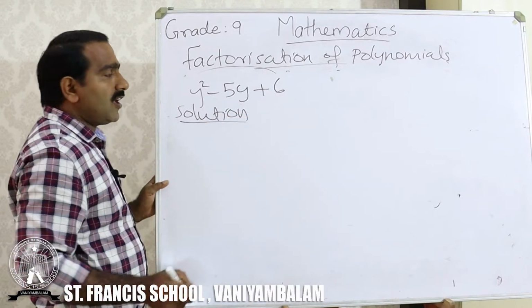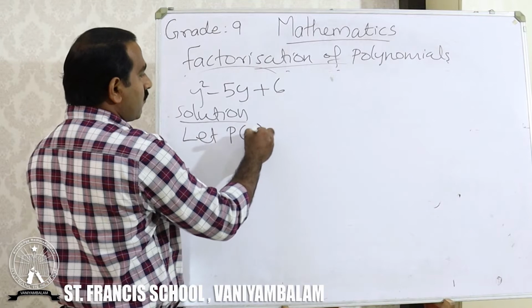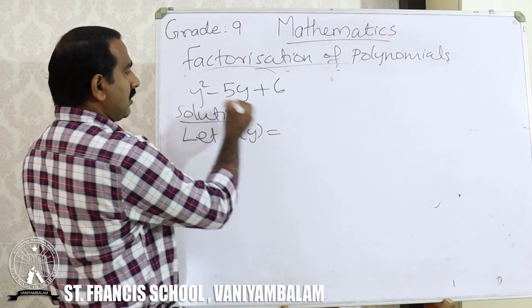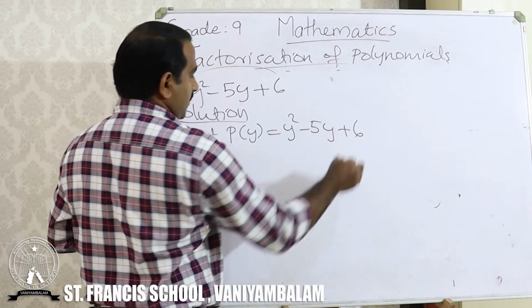Solution. First, let p of y equal y square minus 5y plus 6.